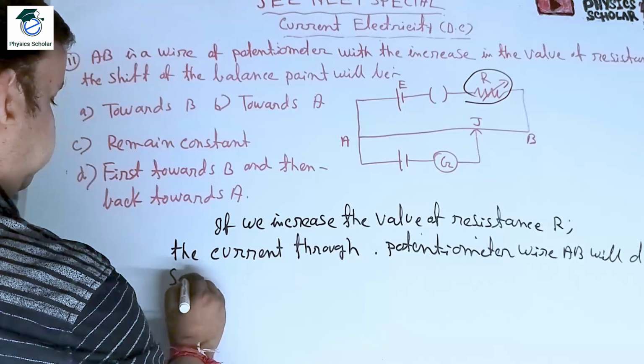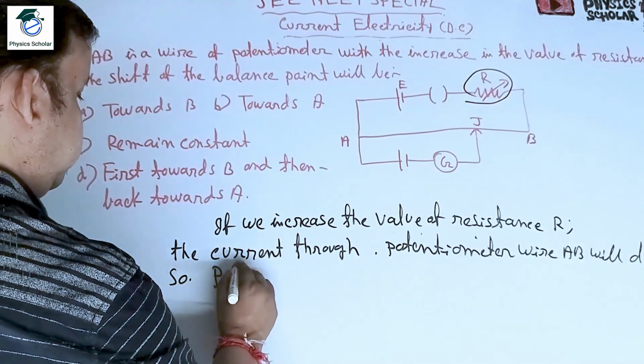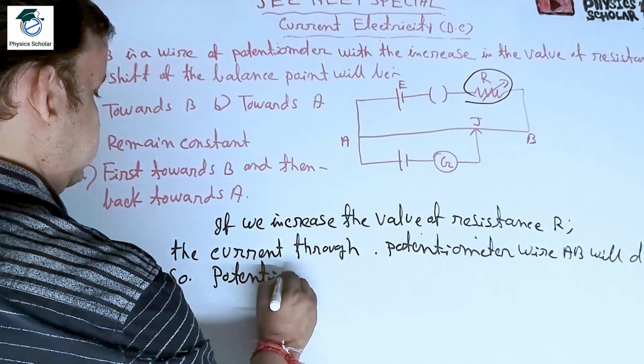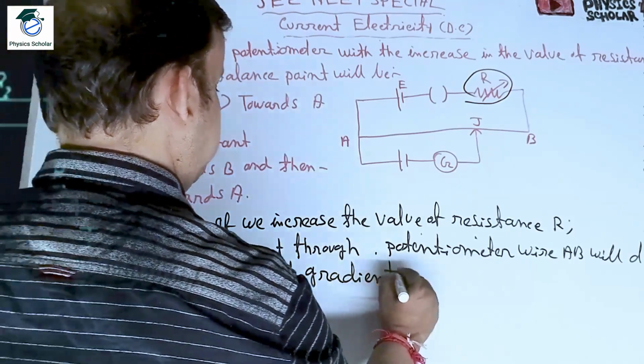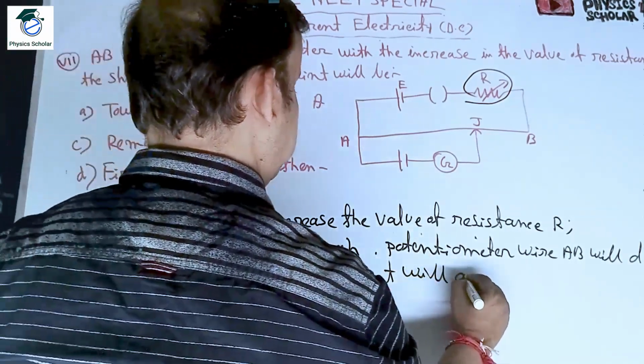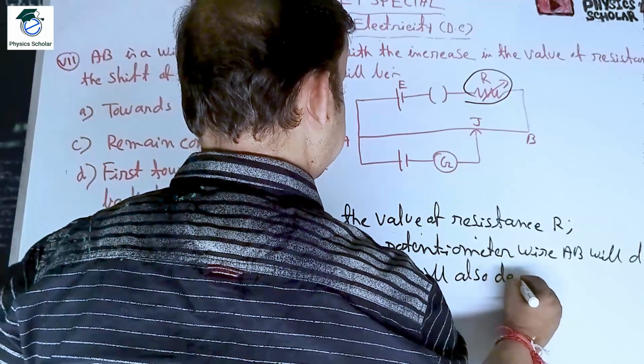So the potential gradient will also decrease.